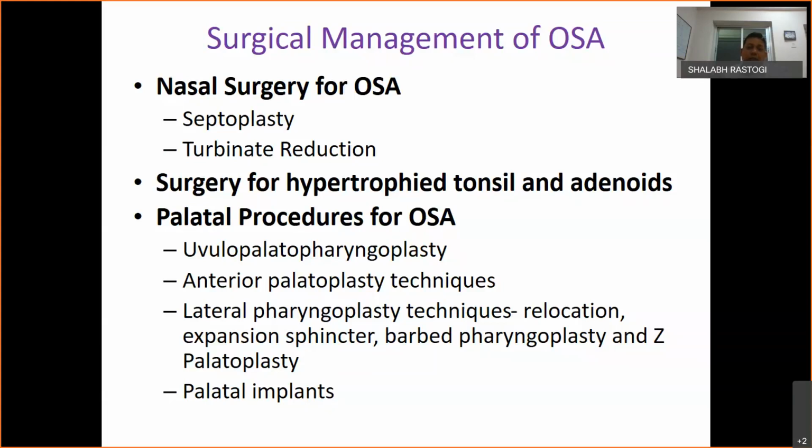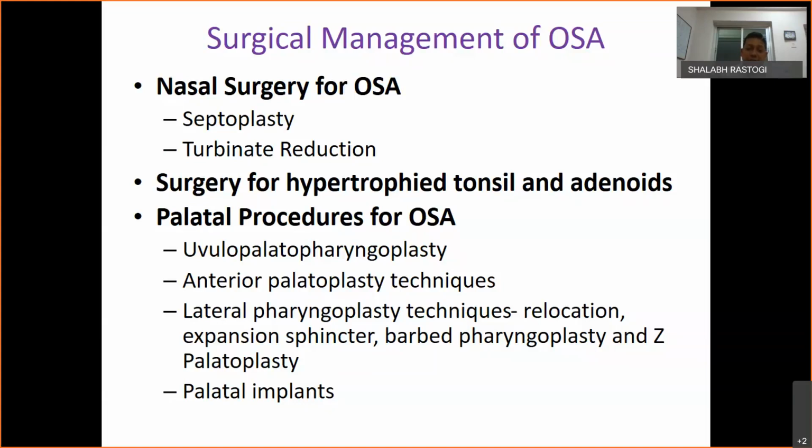Now, the next thing is the palatal procedures. There are various palatal procedures described for obstructive sleep apnea. The classical one being the uvulopalatopharyngoplasty, which was the initial palate procedure. After that, there is the anterior palatoplasty technique, in which the palate is shortened and the anteroposterior dimension is increased.